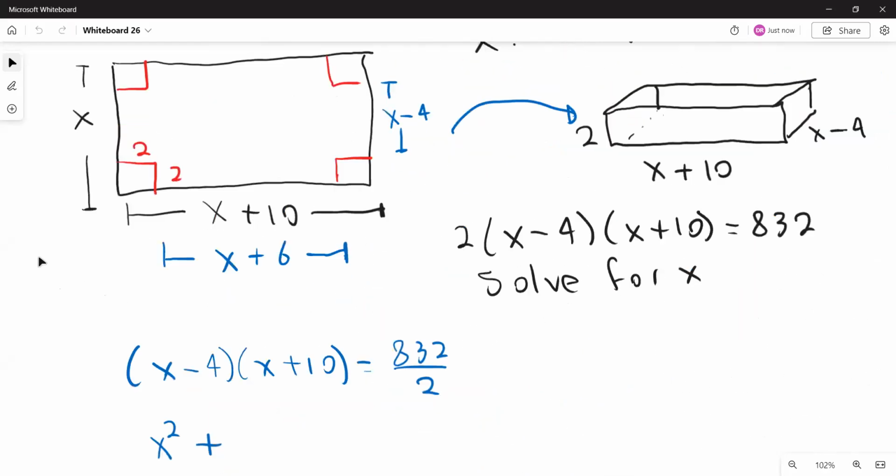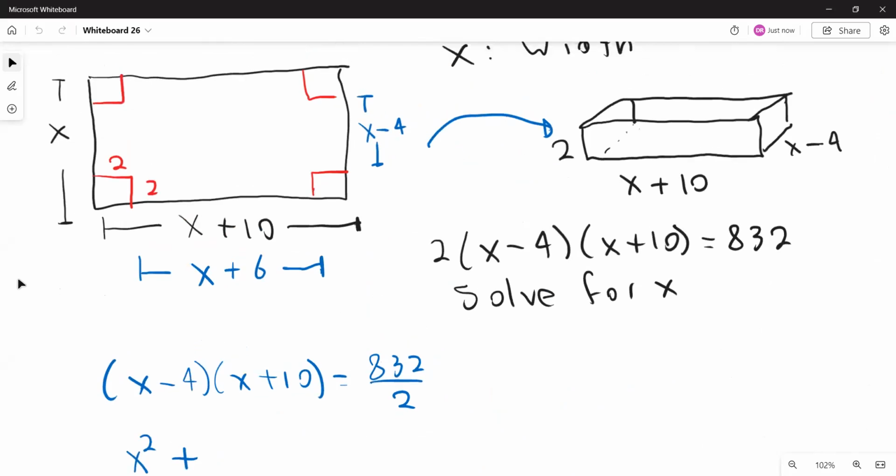I was making a mistake because the dimensions of the box were x plus 6 and x minus 4. Okay, and also we need to correct that.